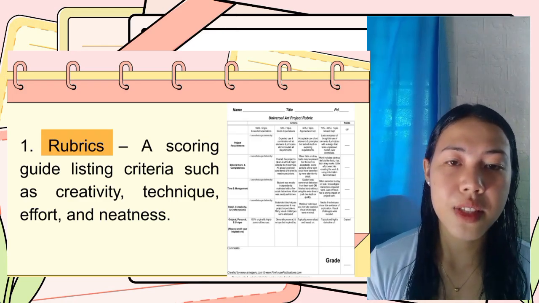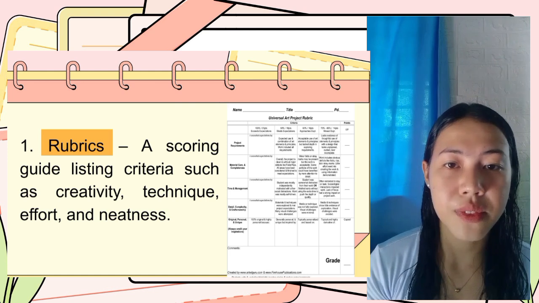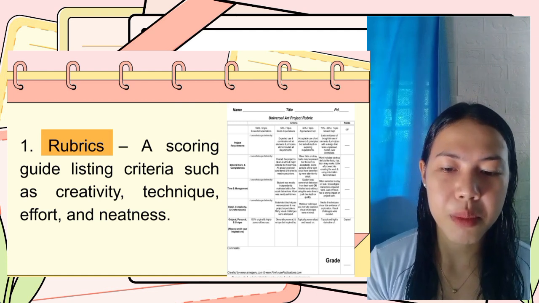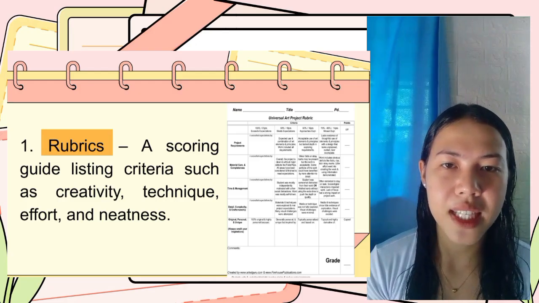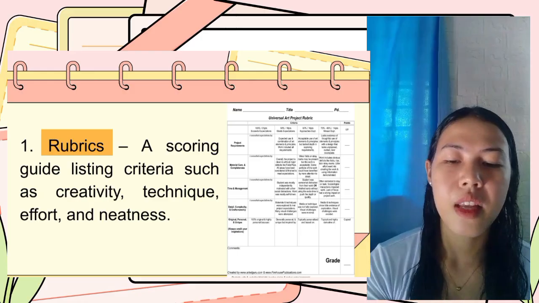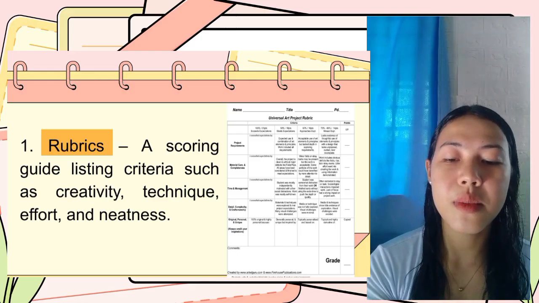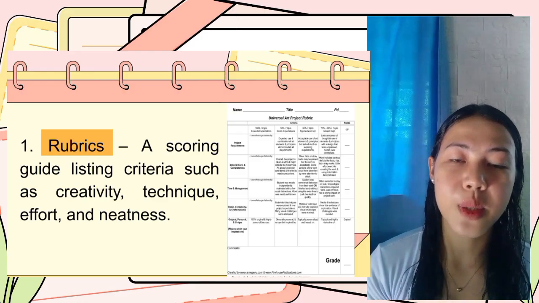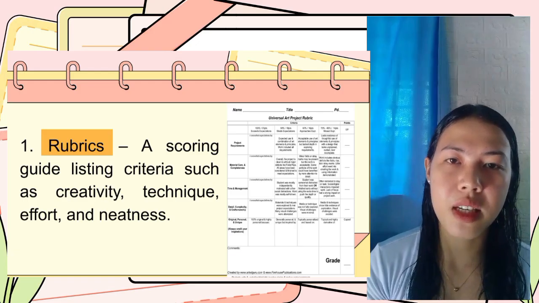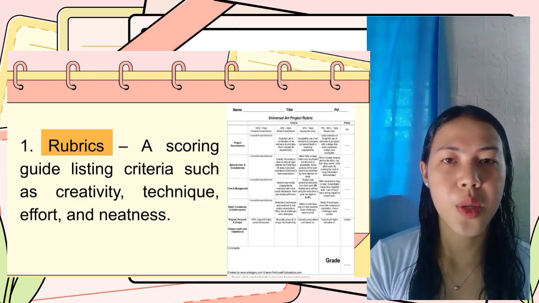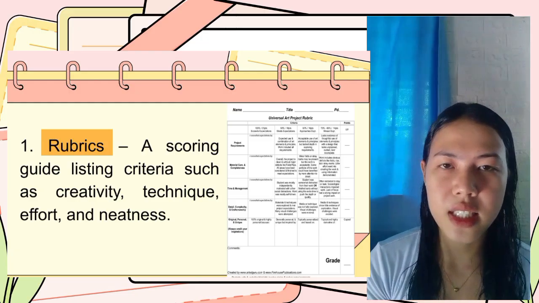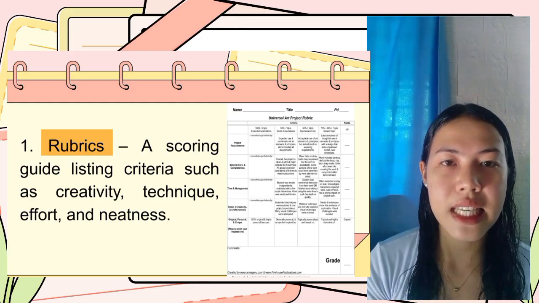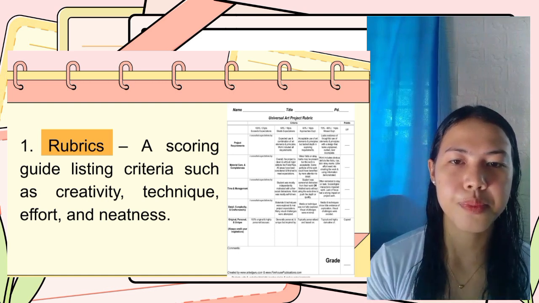It lists specific criteria such as creativity, kung creative ba nimo pagkabuhat, technique, kung unsa ang mga technique ang imong gigamit, then effort and neatness. And also, it describes what excellent, good, or poor performance looks like for each. So, rubrics help both teachers and students understand expectations and see where they can improve.